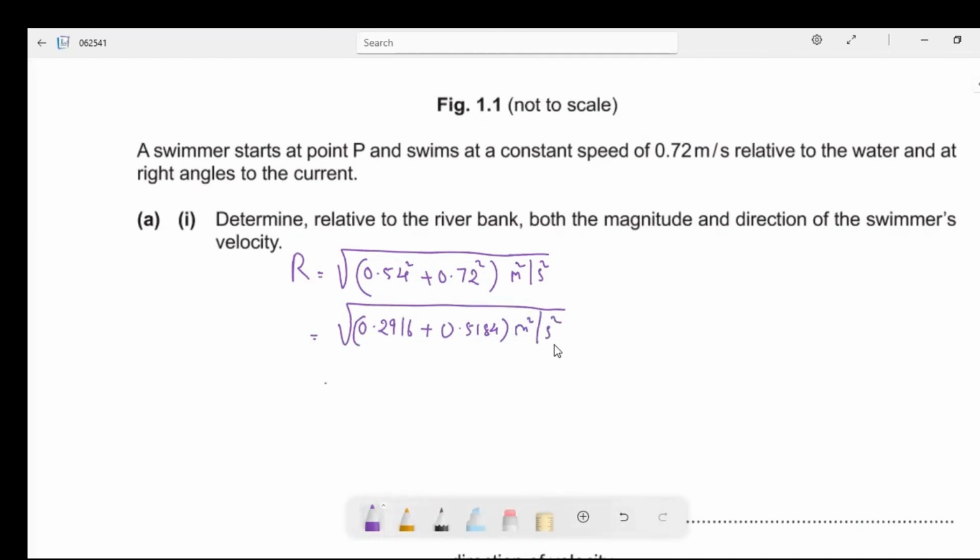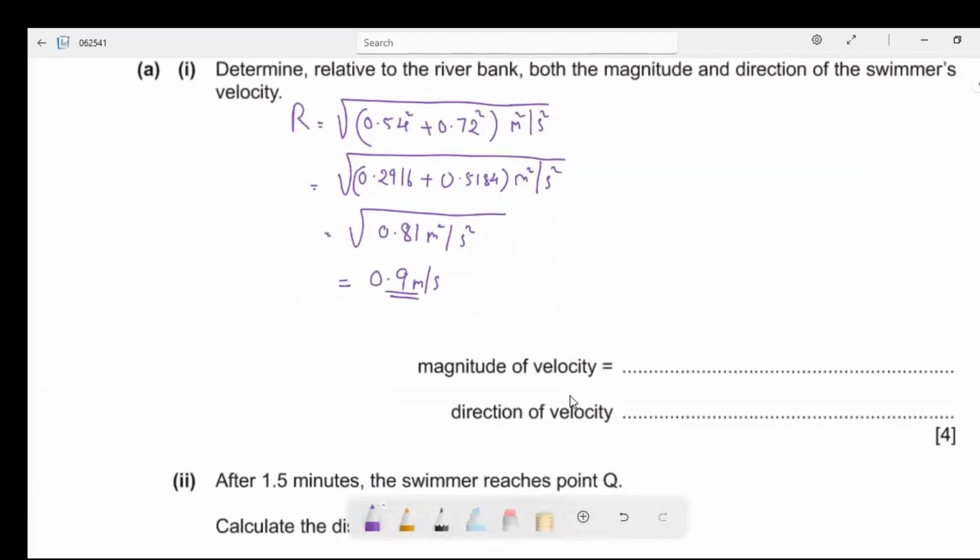So while adding, you will get the square root of 0.81 meter squared per second squared. After taking the square root of 0.81, it will be 0.9 meter per second. So the magnitude of velocity will be equal to 0.9 meter per second.